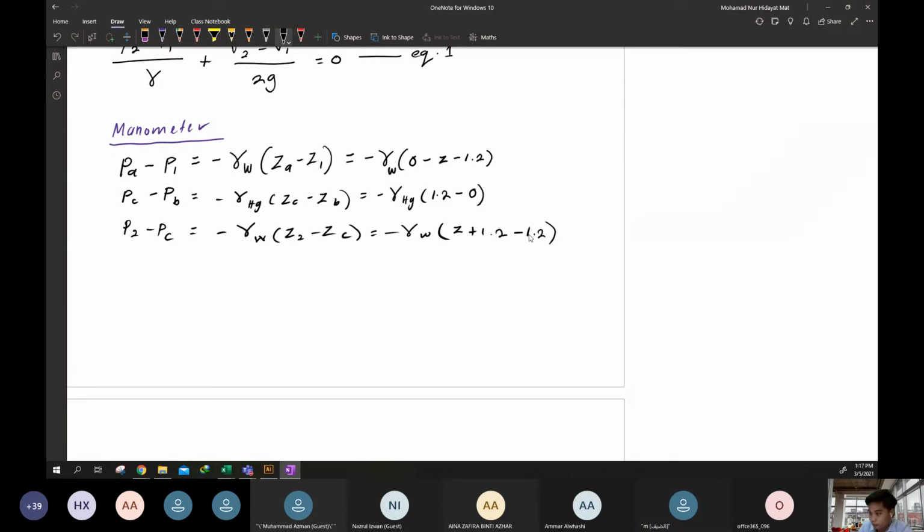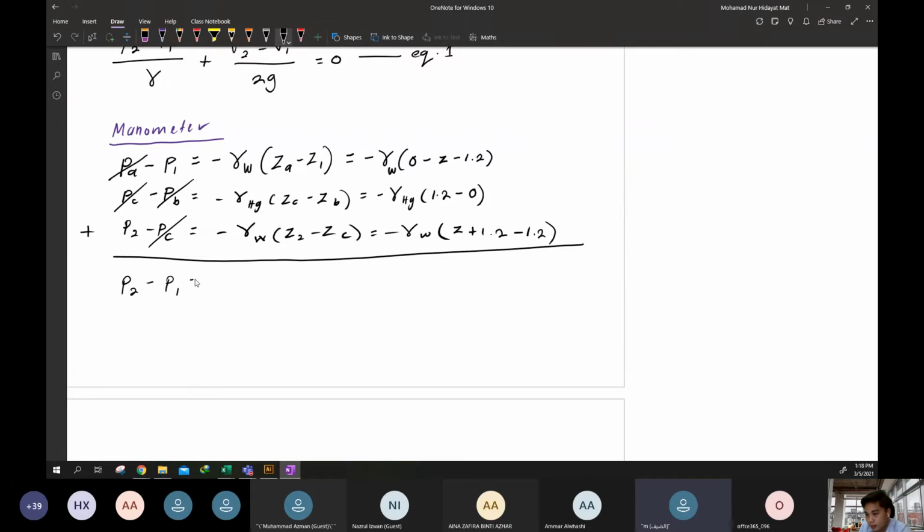Okay, so from here you can cancel out. So what you need to do? Plus everything here. P_A equals P_B, P_C cancels with P_C. So we have P_2 minus P_1. Okay, you solve this one. Okay, I solve it for you.